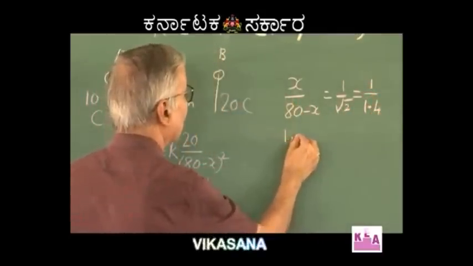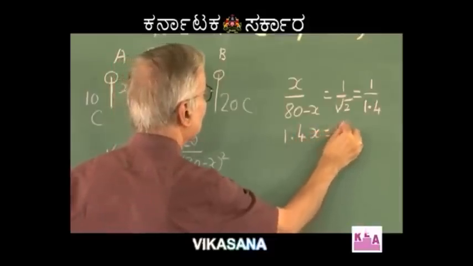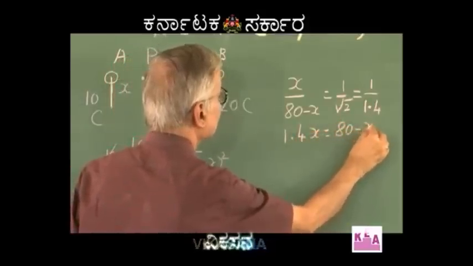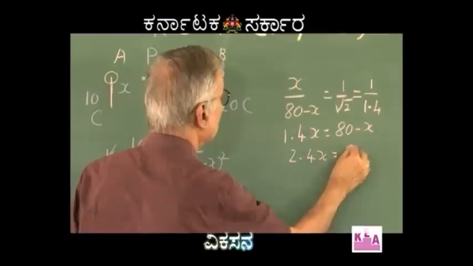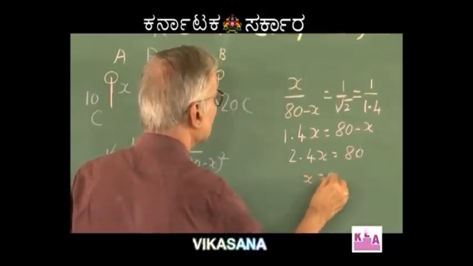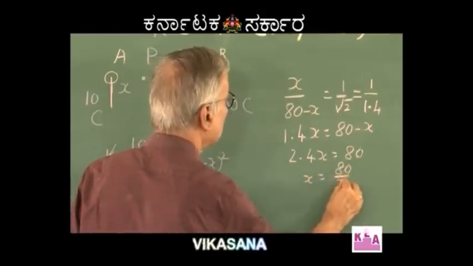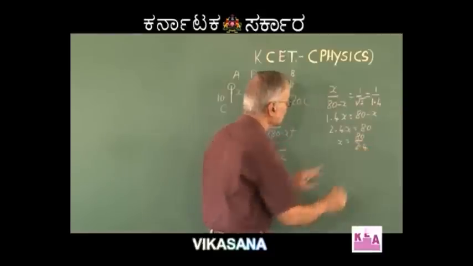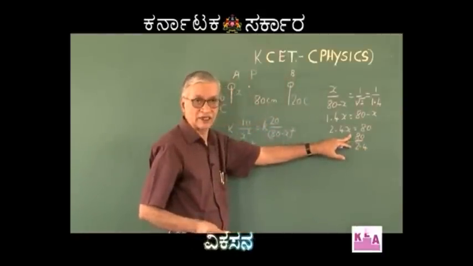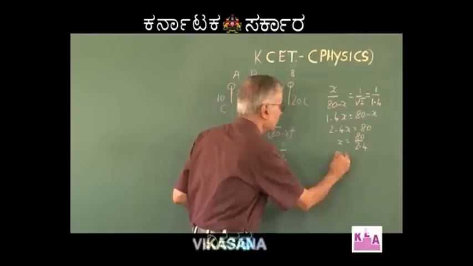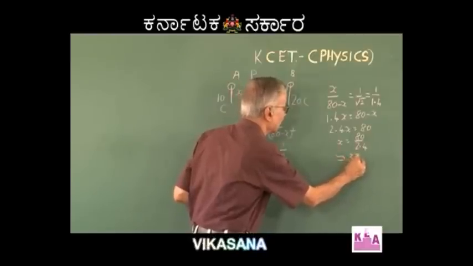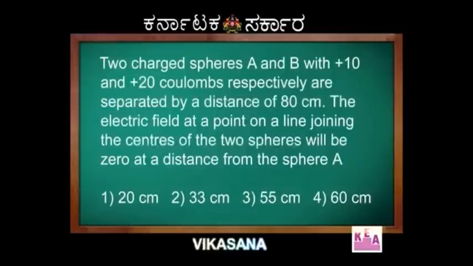Cross multiplying, 1.4x is equal to 80 minus x. That means 2.4x is equal to 80, or x is equal to 80 divided by 2.4. Notice, 24 3s are 72, again 8, 24 3s are 72. This can be taken as approximately 33 centimeter. On account of this reason, the correct answer is the second option.